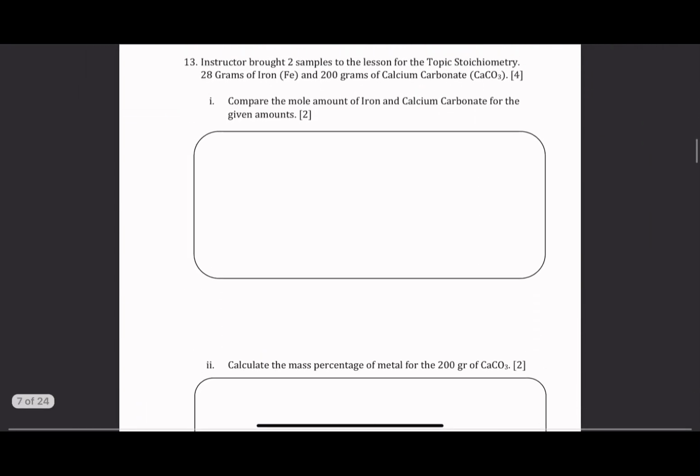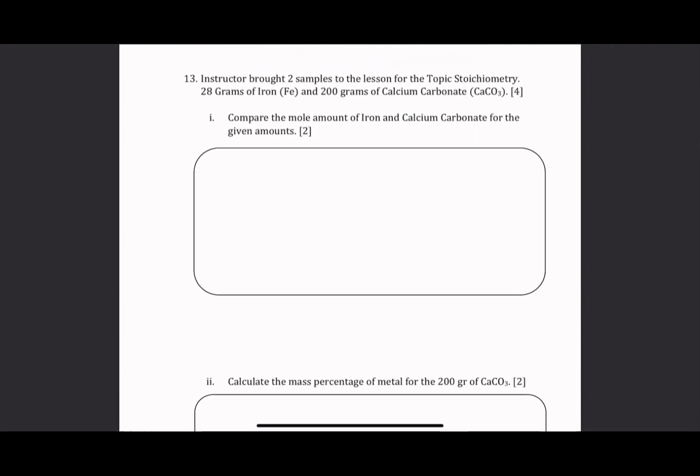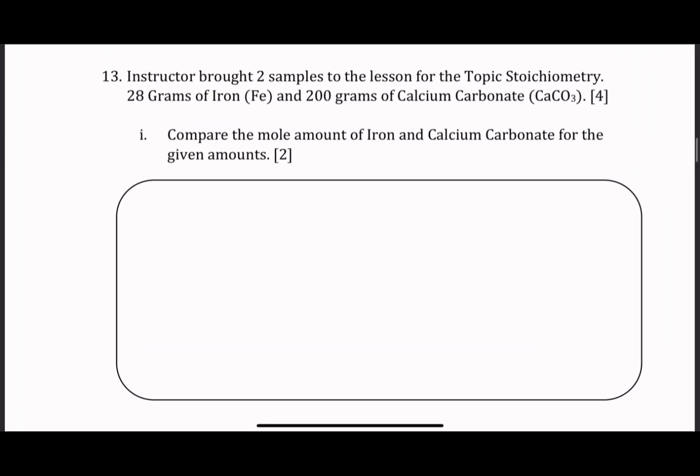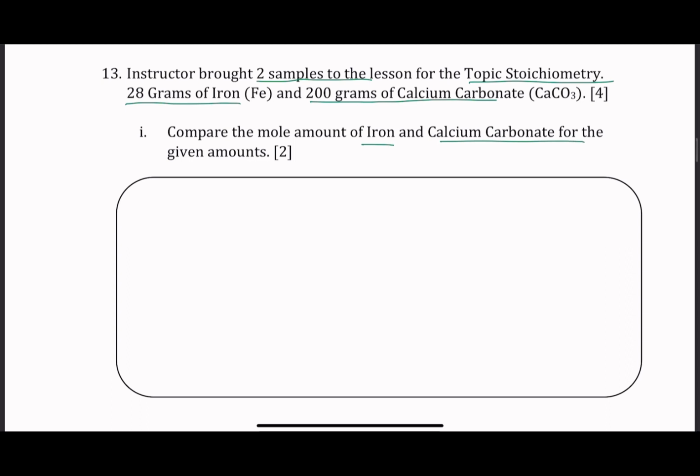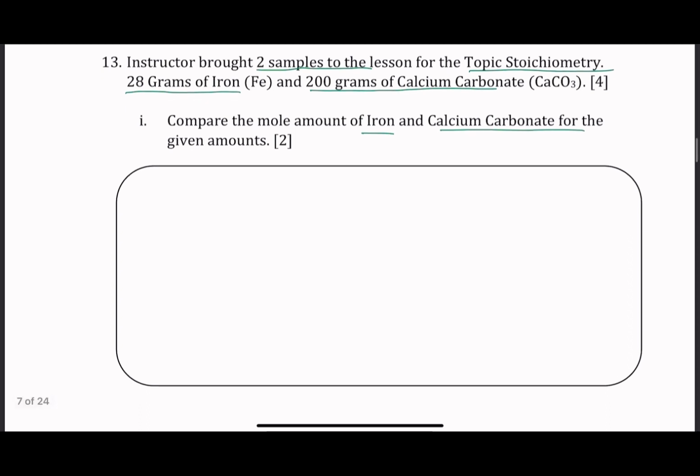Okay, so now let's move on to question 13. It's telling us that an instructor brought 2 samples to the lesson for the topic stoichiometry: 28 grams of iron and 200 grams of calcium carbonate. Compare the mole amount of iron and calcium carbonate for the given amounts. It's super easy.